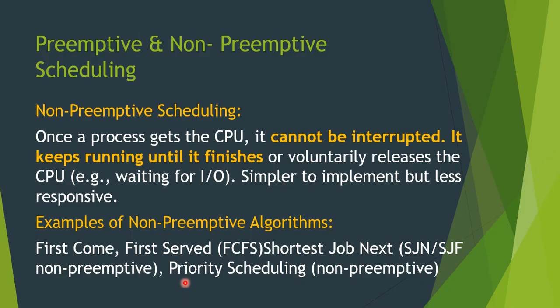So under non-preemptive scheduling, the CPU cannot be taken away once a process has begun running. Examples of scheduling algorithms that fall under this are first come, first served, shortest job next or shortest job first, and priority scheduling. Those are all different kinds of scheduling algorithms that fall under non-preemptive scheduling.